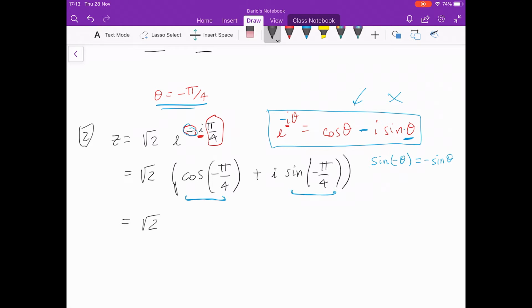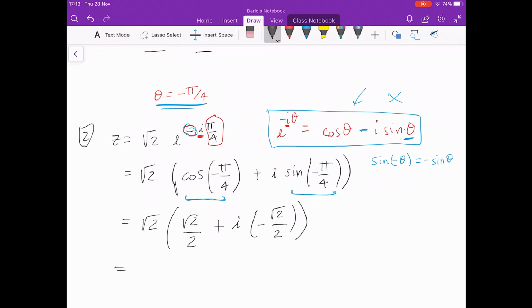Well, we know that the cosine of pi over 4 is square root of 2 over 2. And that's true also for minus pi over 4, as you can check in your calculator. So that's going to be square root of 2 over 2. That's plus i, which remains the same. Well, in this case, we have minus square root 2 over 2.